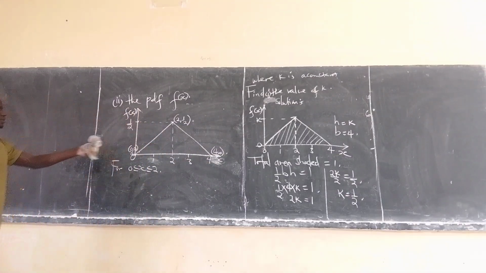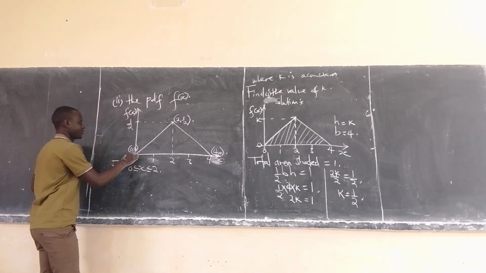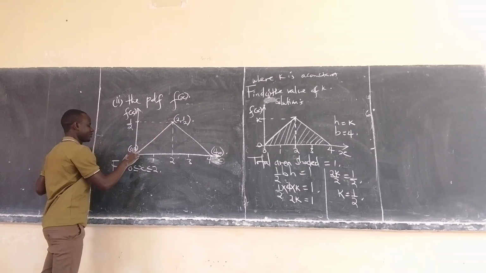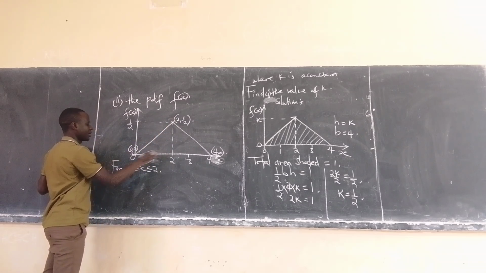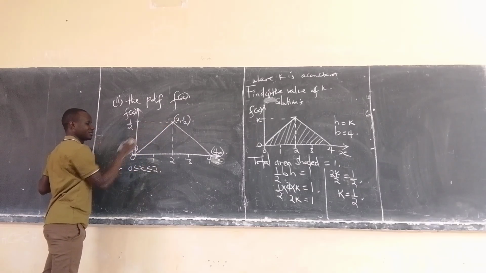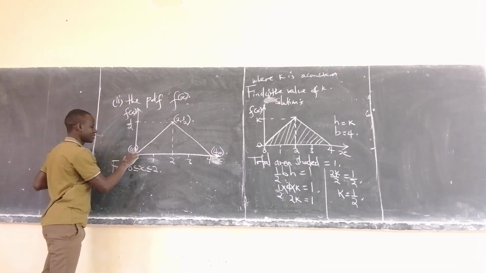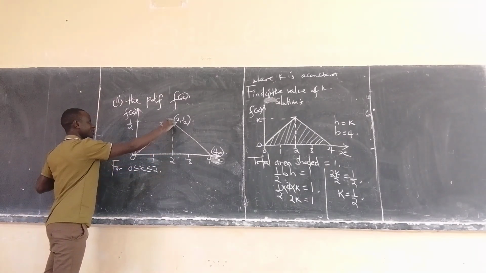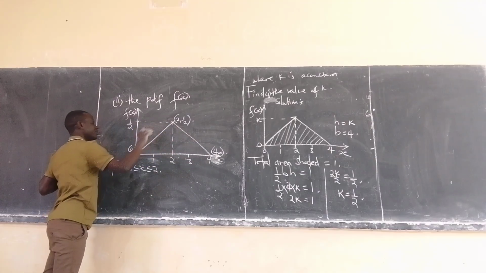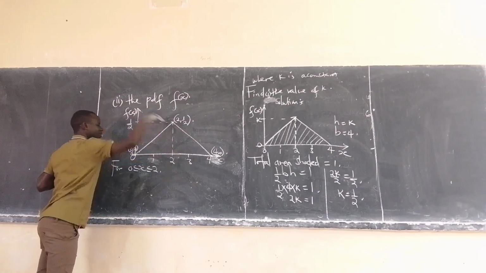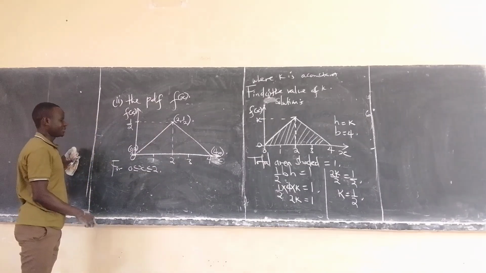Remember our focus was on the first one, running from here to here, and its interval is from 0 to 2. We can't say it is from 0 to 1 because the line is still progressing. That is why we are saying it is from 0 to 2, because after reaching 2, it changes direction and it is now descending.